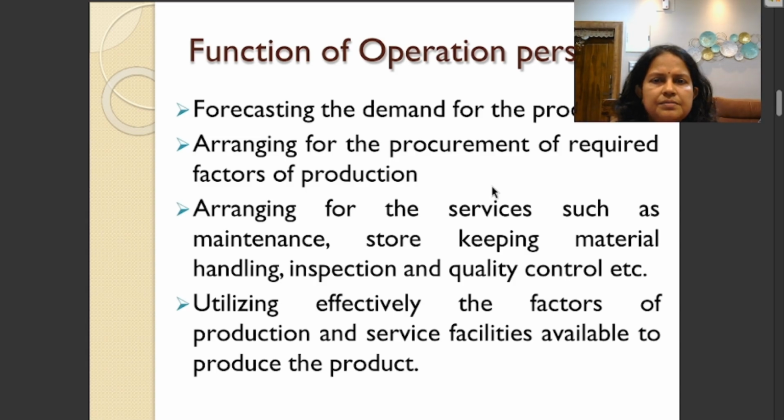Functions of operations personnel. We need to do the forecasting of the demand. Demand means forecasting the sales. Forecasting helps us to get the demand, and according to that, we need to plan the production. Then we need to arrange services such as maintenance, storekeeping, material handling, inspection, quality control, all these aspects. These are the functions of operations personnel.